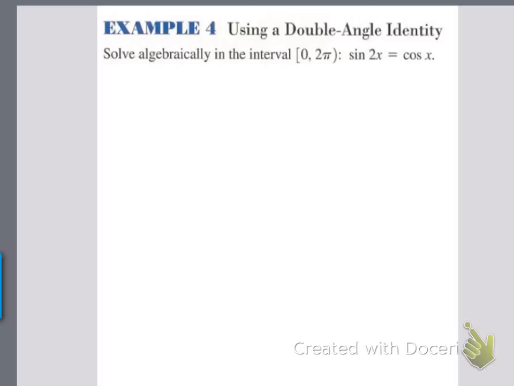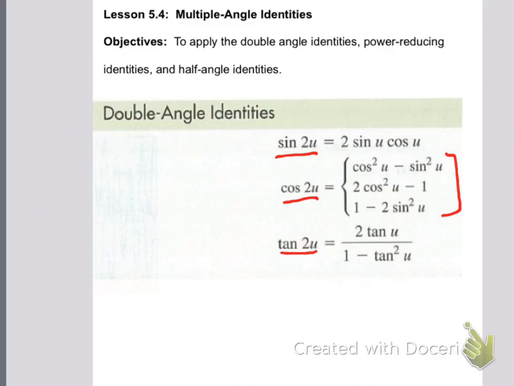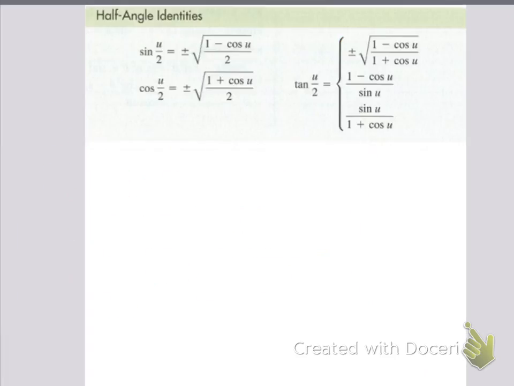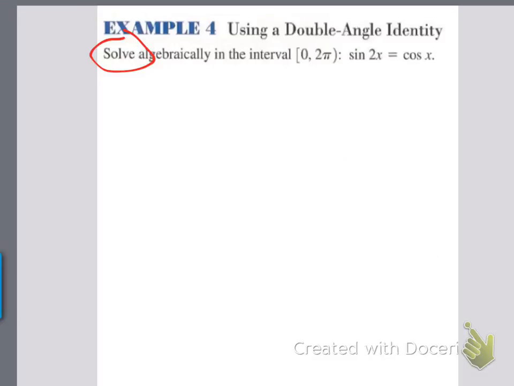Now we have to solve algebraically in the interval 0 to 2 pi. We're not proving anymore, we're solving. Sine 2x equals cosine x. How can I rewrite sine 2x? If I come all the way back here, sine 2x is 2 sine x cosine x.